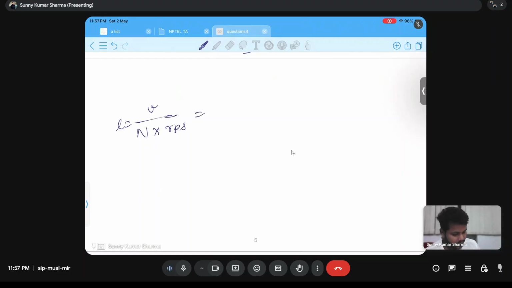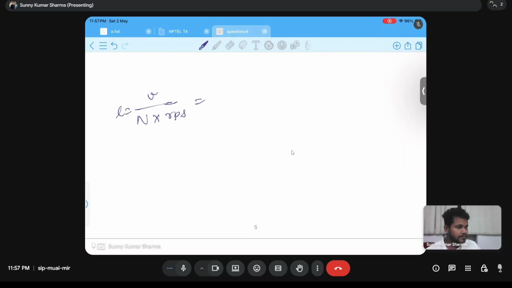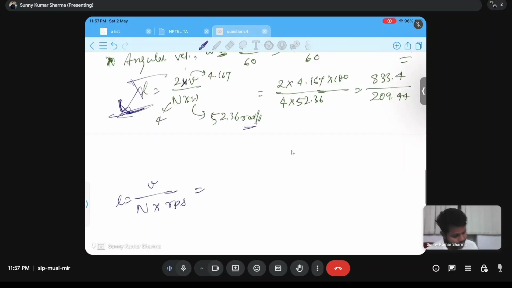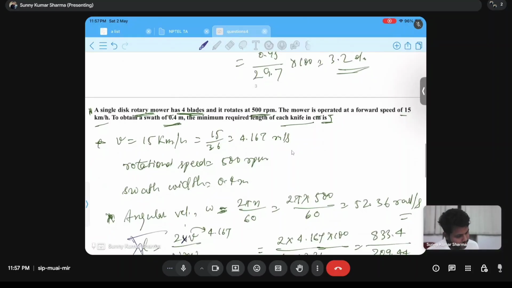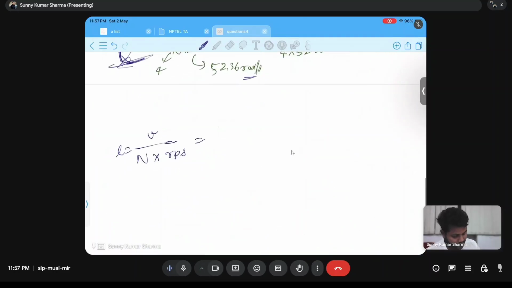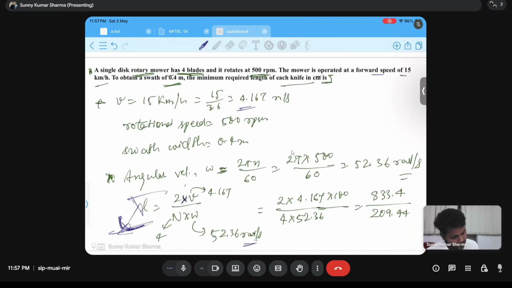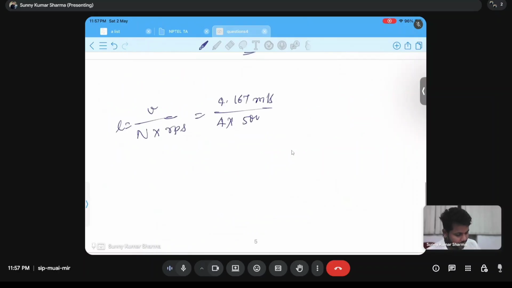So for the length of knife, we will use this formula. Well, forward velocity we have already converted, it is 4.167 meter per second, divided by number of blades, which is 4, into rotation per second, it is 500 by 60 RPS. So this will be the final answer.